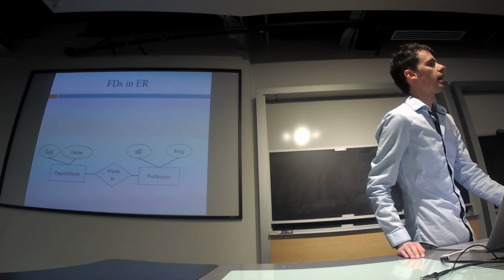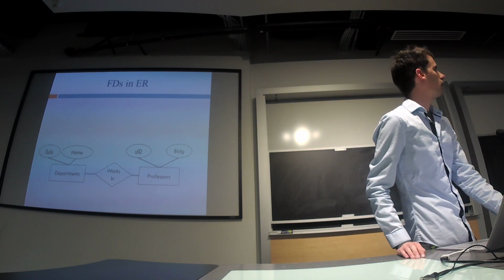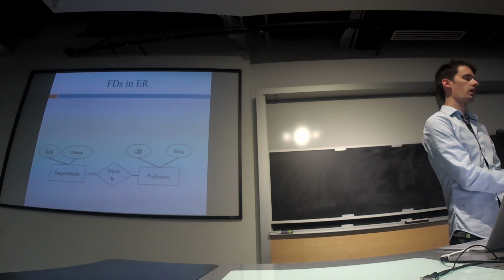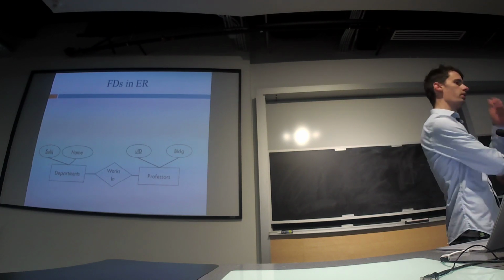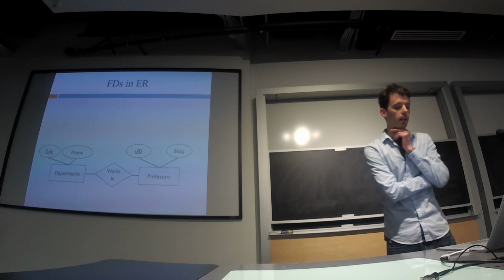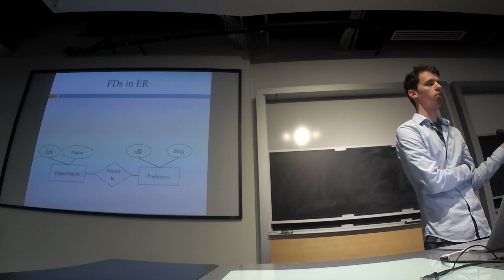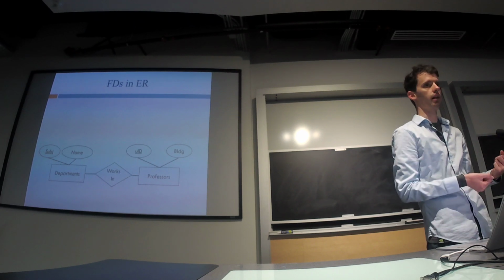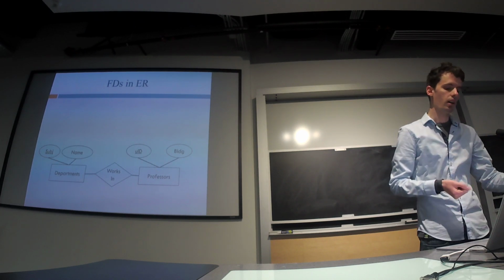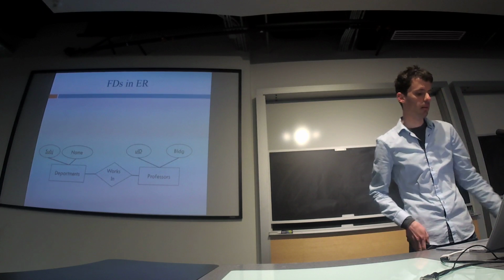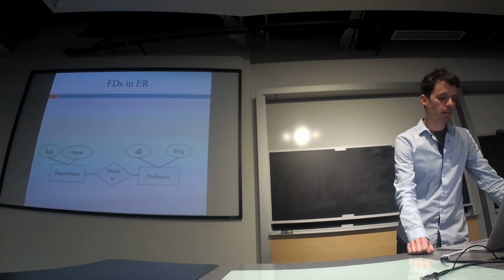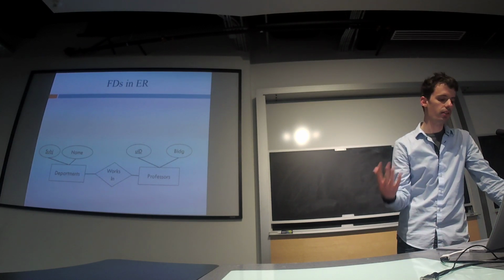Okay, so back to the whole design process. We start with the basic idea, and then we go to an ER diagram. This is if you are working through the design from start to finish, rather than if you've inherited a design. We'll get to that. But here's a simple ER diagram saying there are professors and departments.